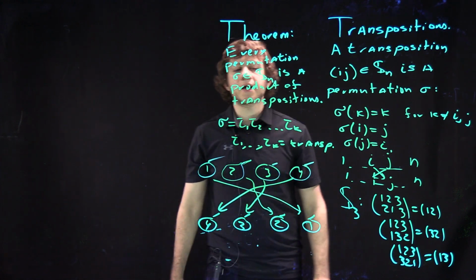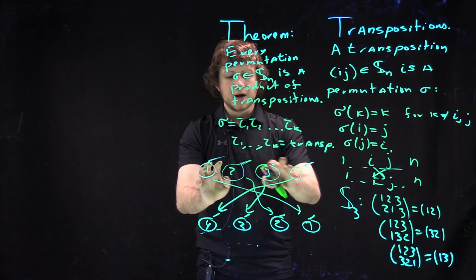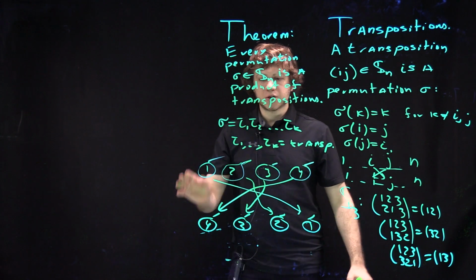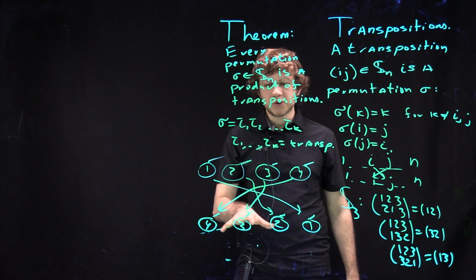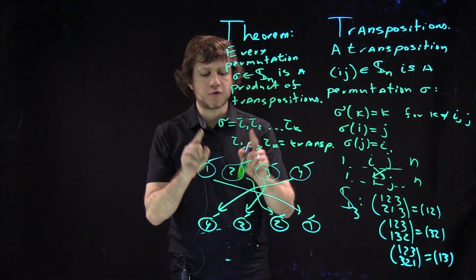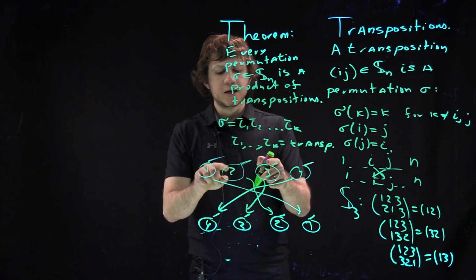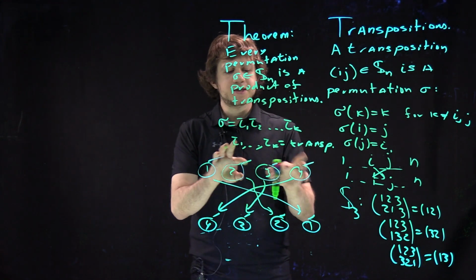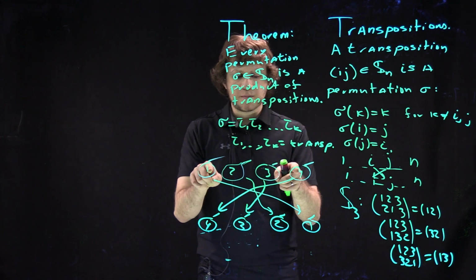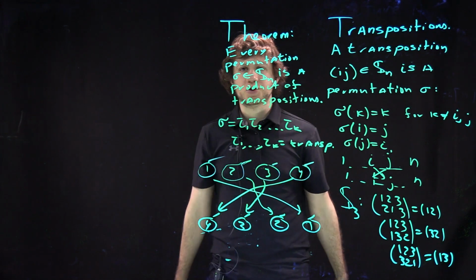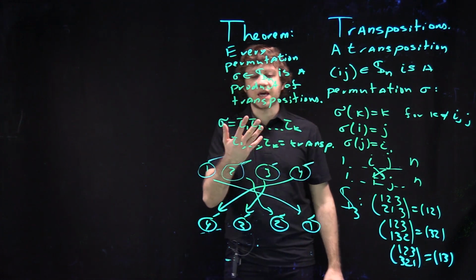Of course you can say, okay, rhinos, let's just run, and then they start running and probably crash into each other, and this is terrible. So that's not how we do it. We take the first two rhinos and exchange them, then we exchange some other rhinos, and we just continue asking a pair of rhinos to exchange their places until we get to this position. And the theorem tells you that you can do that.